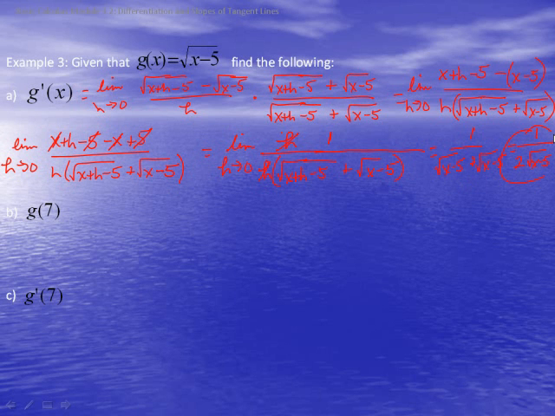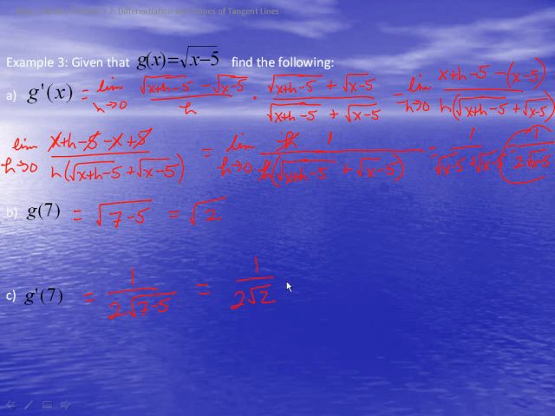Okay, and in part B, they're asking for g of 7. So all we've got to do is just plug 7 into g. So that's going to be equal to the square root of 7 minus 5, which would be equal to the square root of 2. And then they're going to ask me for g prime of 7. So if I put 7 in there, it would be equal to, now remember, 1 over 2 times the square root of 7 minus 5, which would be equal to 1 over 2 square roots of 2.